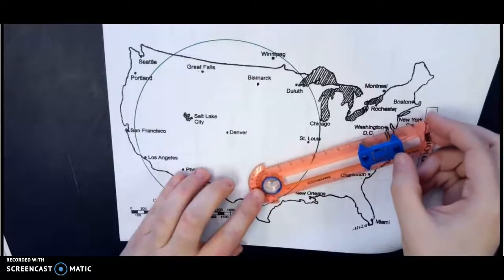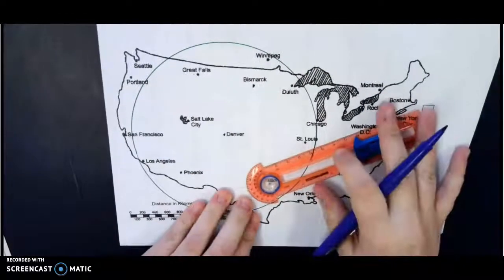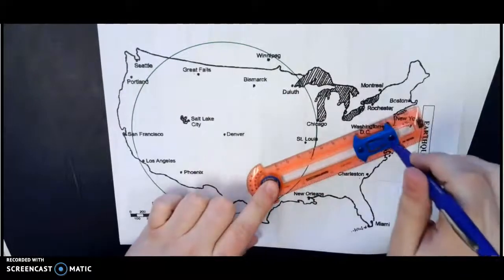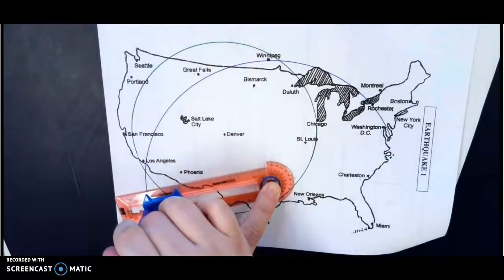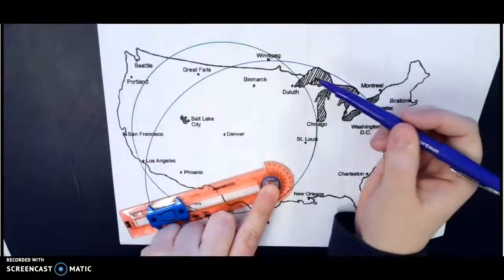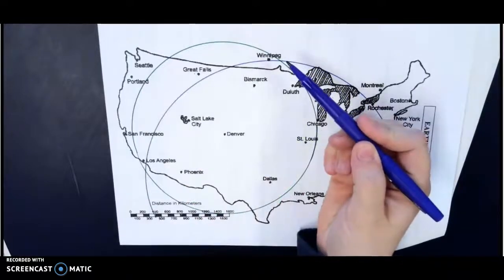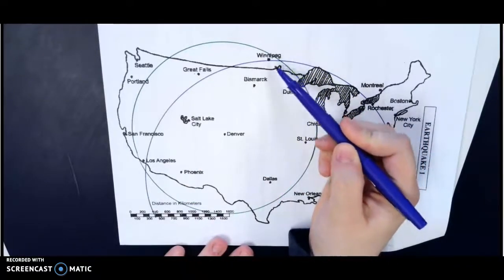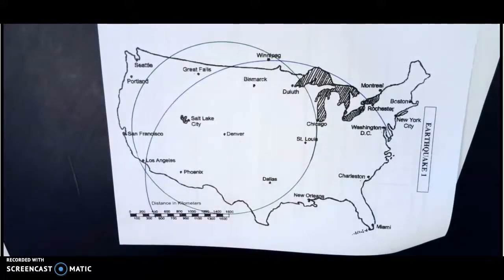So I'm going to place my compass on Dallas, and we used the second spot again. And this time you don't actually have to draw the whole circle. You only need to draw where it meets the first circle. So either our earthquake is going to be in this spot or in this spot.